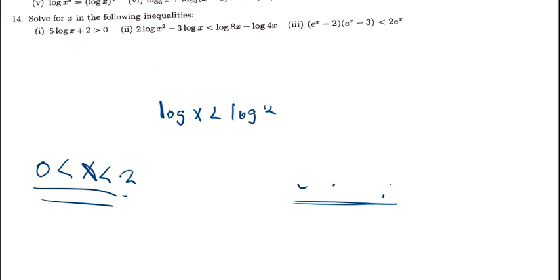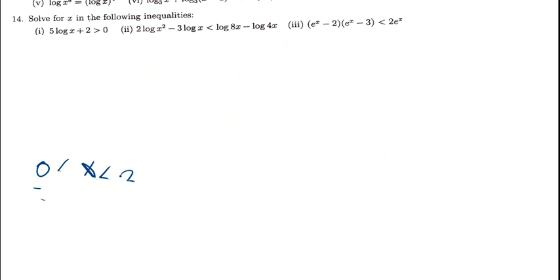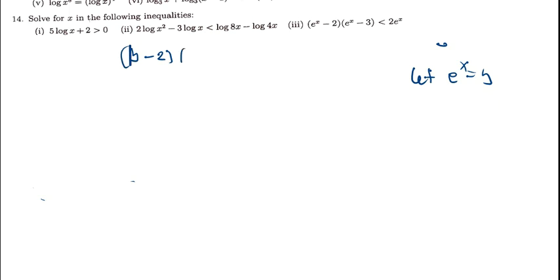Question part 3, which is the last one. Now to make things simple, let's just do this. Let e to the power x be equal to y. So let e raised to the power x be equal to y, meaning here now I have y minus 2, even here y minus 3 less than 2y.